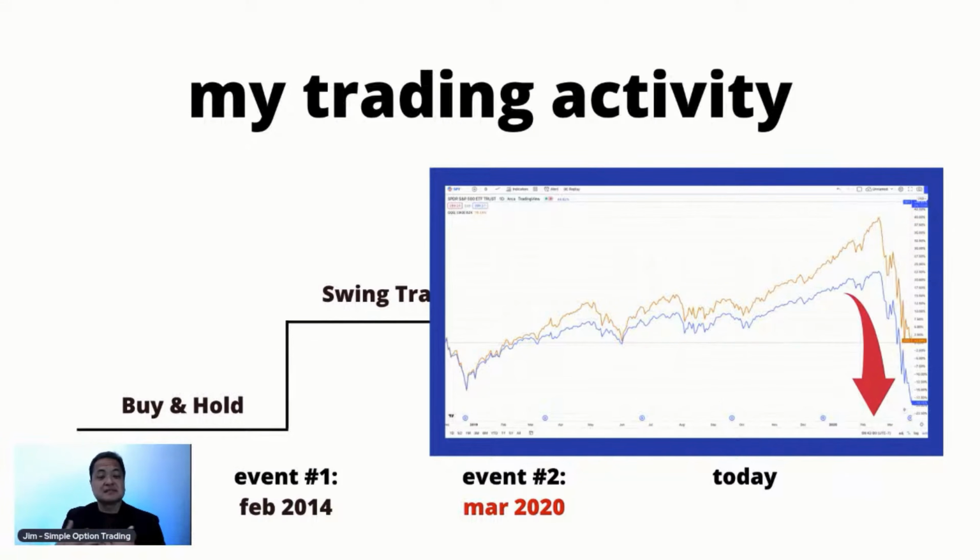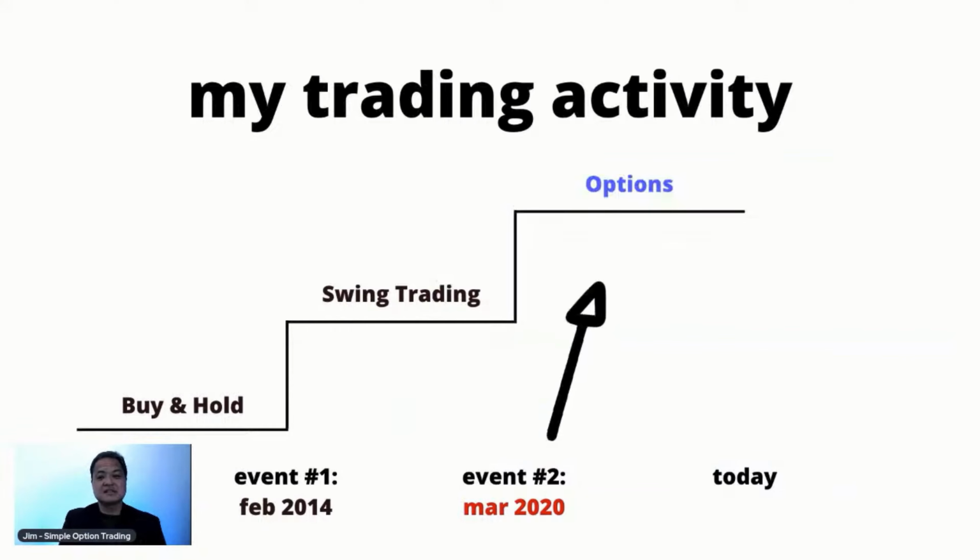I could buy and sell stocks as a swing trader, but one of the things I decided to do was to start trading options, because of the magic behind options, as I mentioned earlier. There's something that I can do in options that I couldn't do with stocks, and I'm going to explain that in the next couple of slides. And so you see why I switched from swing trading stocks to trading stock options.